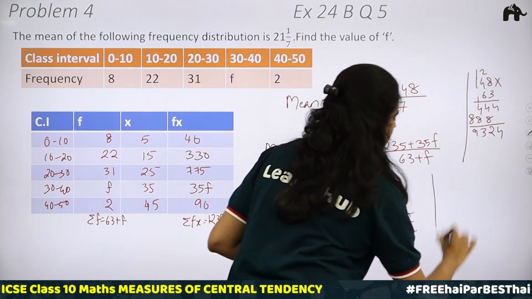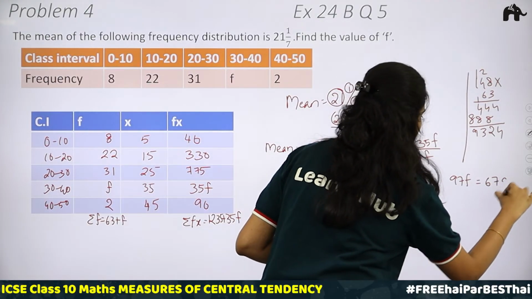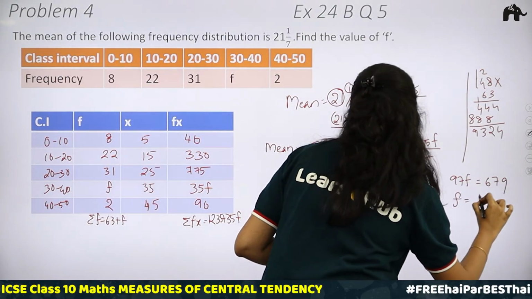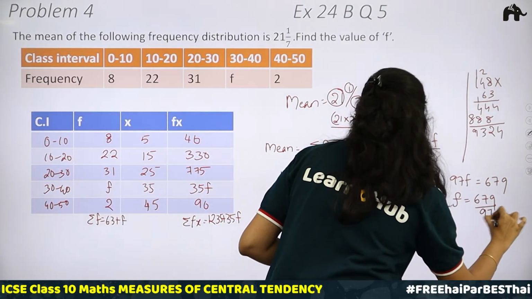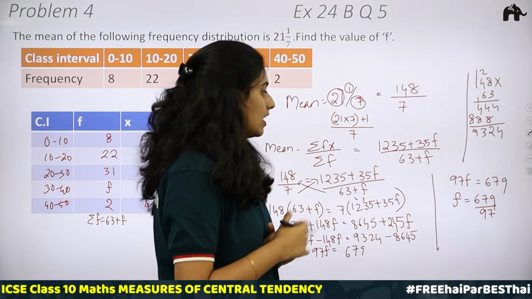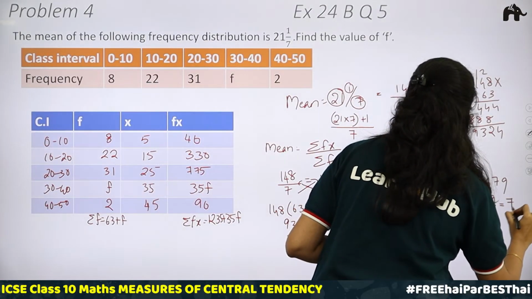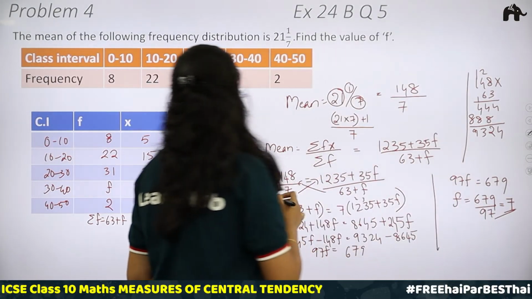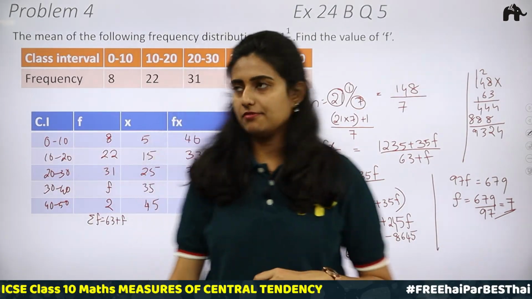We are having 97F is equal to 679. Therefore, F value equal to 679 divided by 97, the final answer will be 7. Therefore, the F value is equal to 7. We have determined the F value.